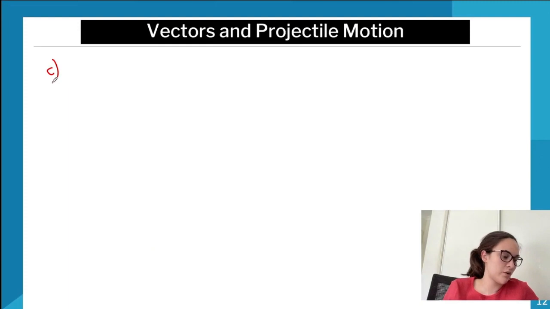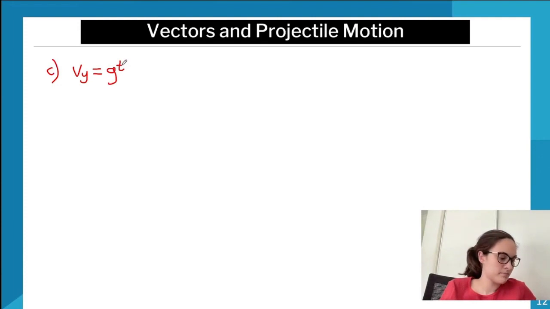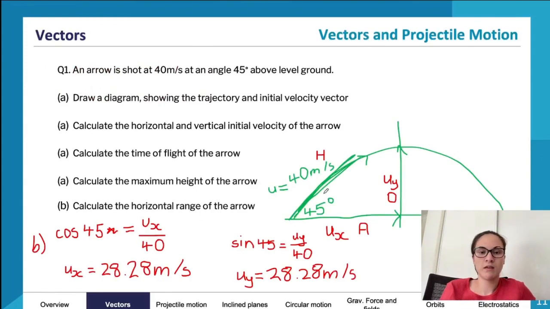So for this, we are going to need the formula Vy is equal to gt plus uy. Now, because we do not know what Vy is, we are going to say that it is 0, because initially Vy is nothing, all right?